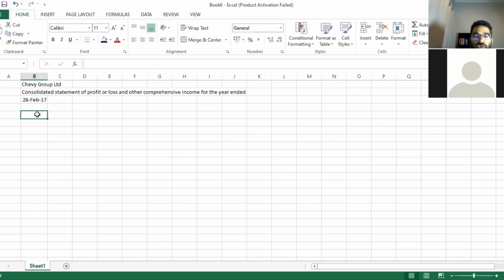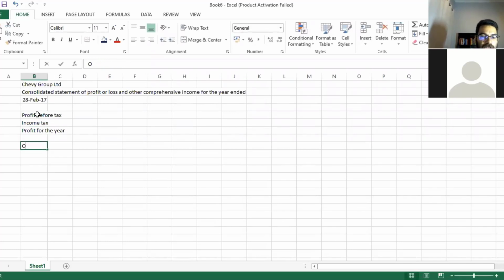They told us to start off with profit before tax. So we're going to start here, profit before tax. Then we're going to have income tax. Then we're going to have profit after tax, or you can call it profit for the year. Doesn't matter.